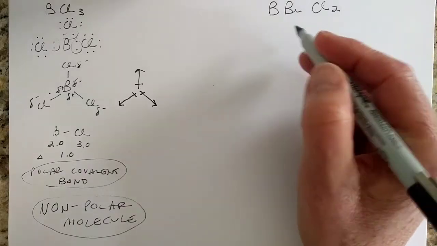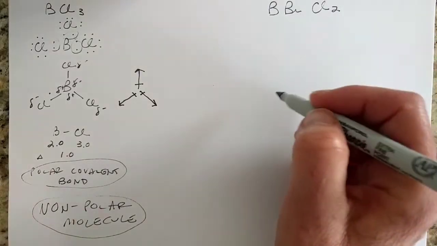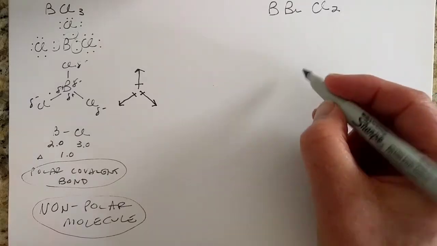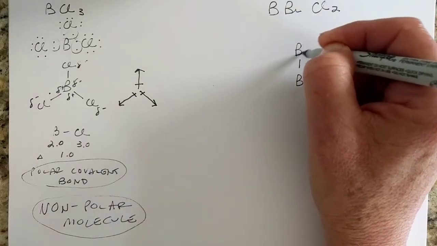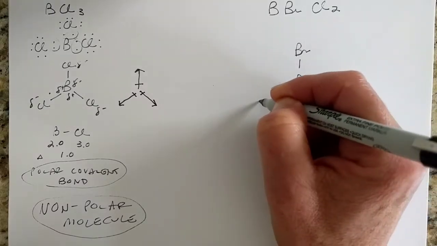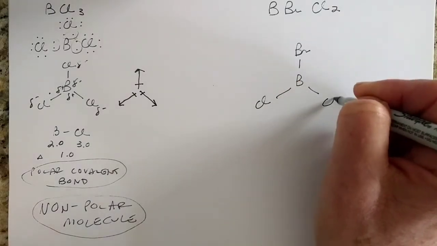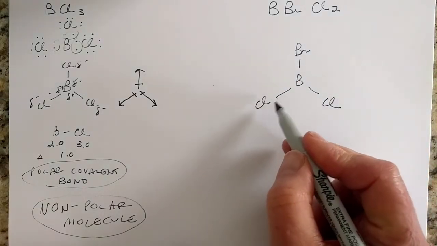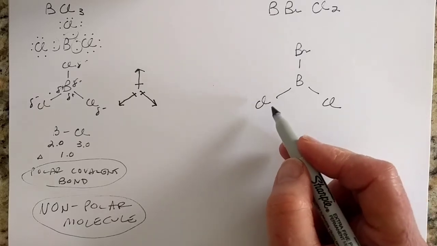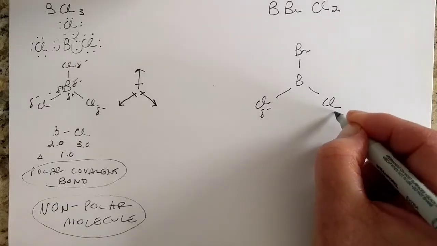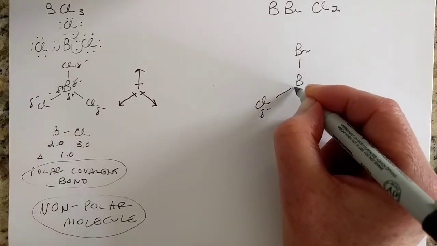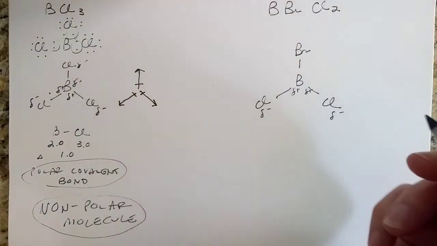For BBrCl2, now bromine and chlorine have the same number of valence electrons. We're going to get the same Lewis structure. So we're going to have boron in the middle with a bromine and then our two chlorines. And we already did our bond evaluation for boron-chlorine. So our chlorines have a delta minus, giving a delta plus at the boron.